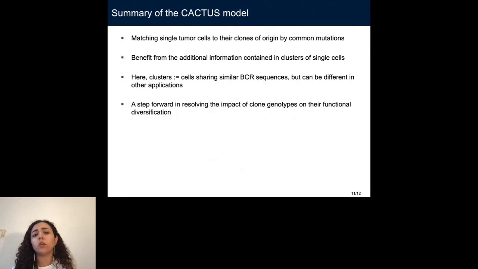Actually, in this project, we use B-cell receptor sequences because they were related to the disease that we were studying, but you can use any other clustering where you can say all the cells inside one cluster go to one clone. And at the end, I can say that CACTUS is a step forward in resolving the impact of clone genotype on their functional diversification.